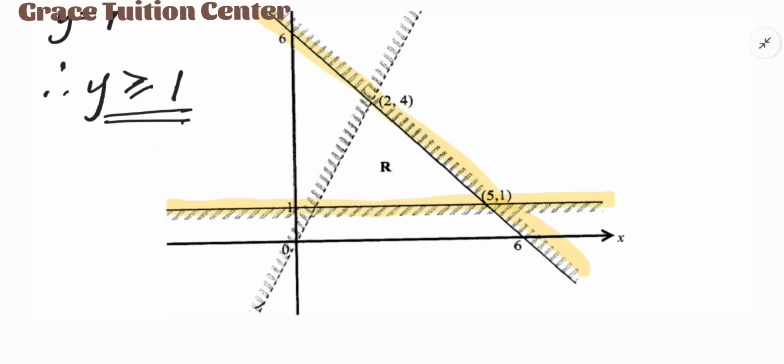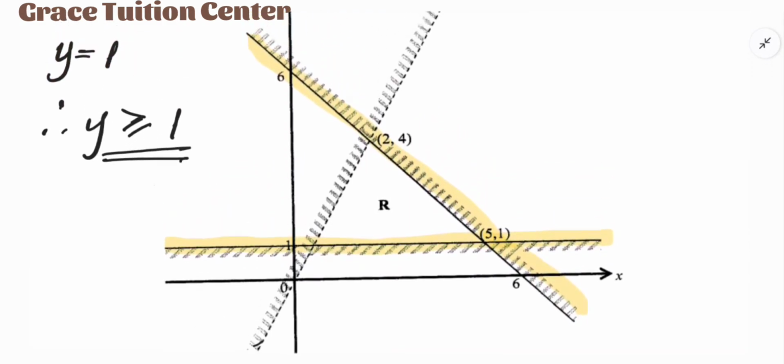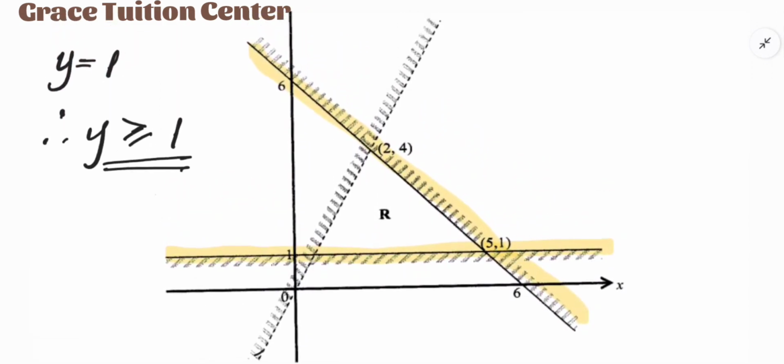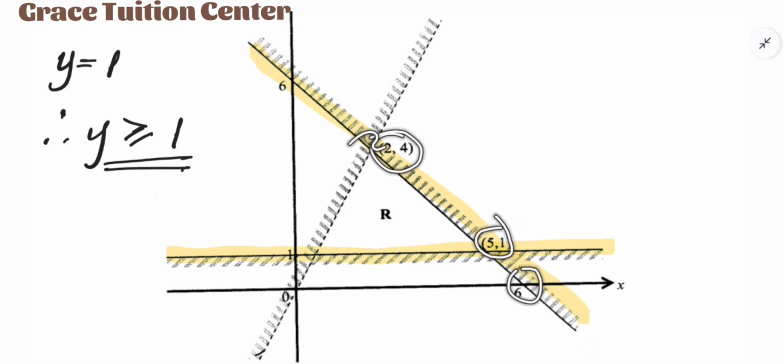So step 1, we find the gradient. How do we find the gradient? We have to pick 2 points on the line. So here we are given 4 points. There's this one here, this one here, this one here, and that one there. It's up to you to choose which points you want to use. As for me in this one, I'm going to use this point and that point there.